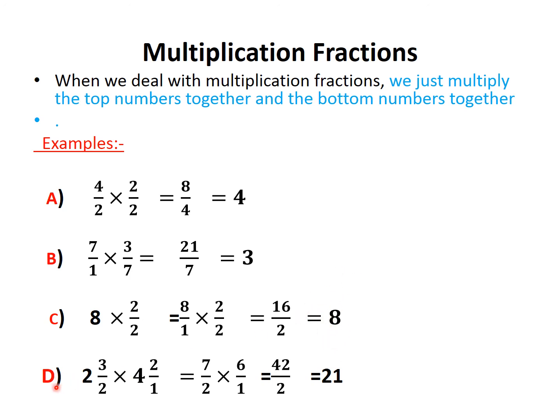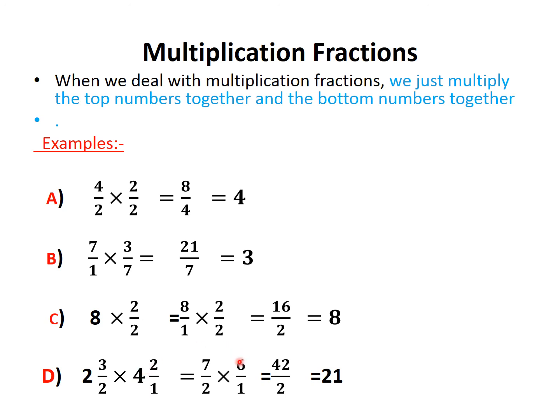And look here, the last one, we have 2 3 over 2 multiply 4 2 over 1. 2 multiply 2, it will be 4, plus 3, it will be 7. 1 multiply 4, it will be 4, 4 plus 2, it will be 6.